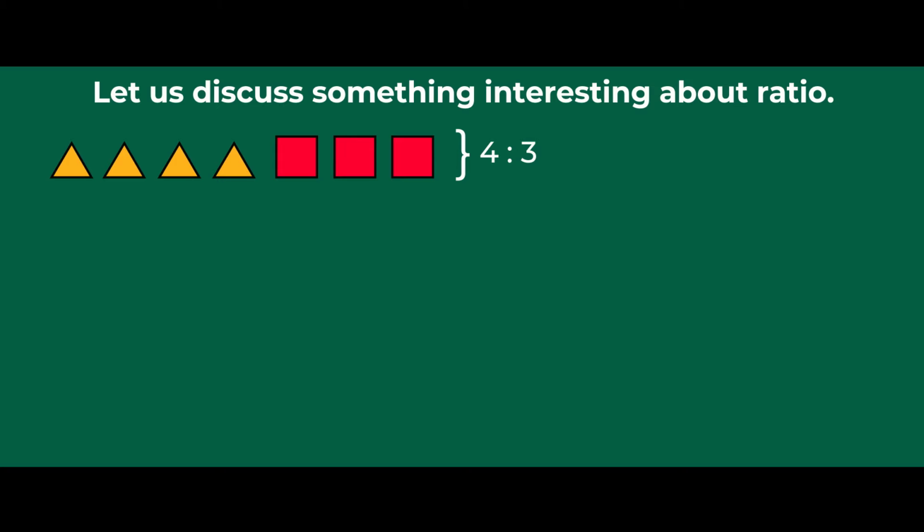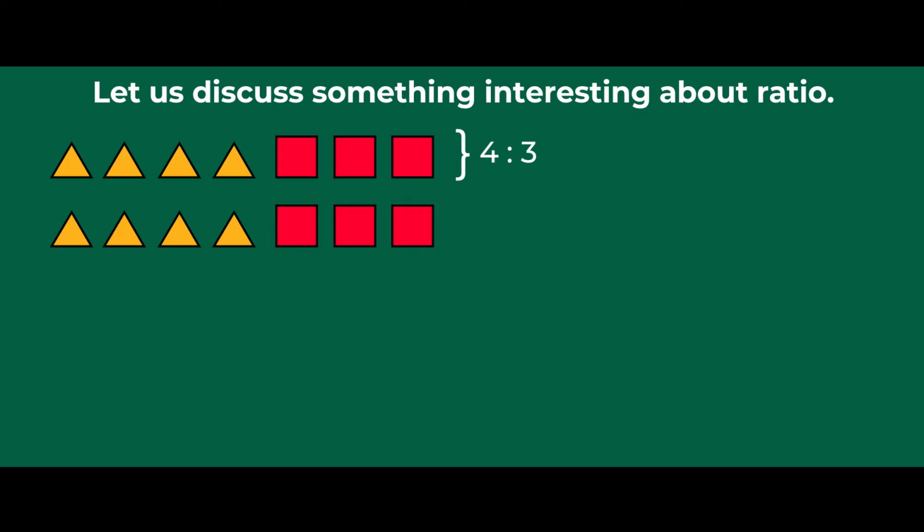Now we are adding 4 more triangles and 3 more squares. As we know, for every 4 triangles there are 3 squares. So what is the ratio of triangles to squares?